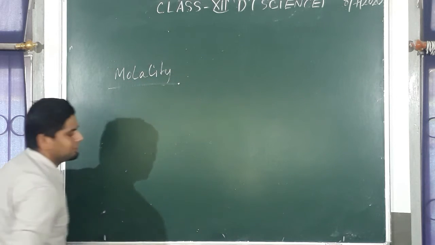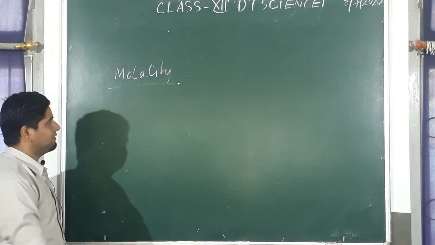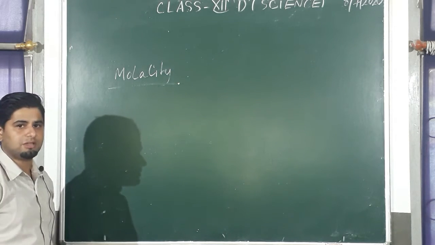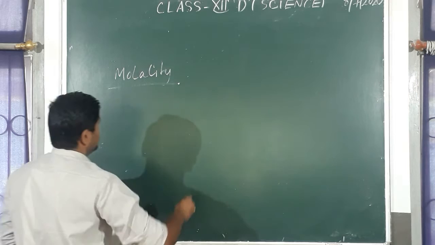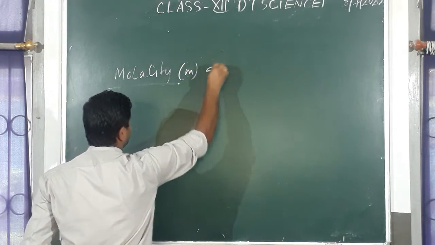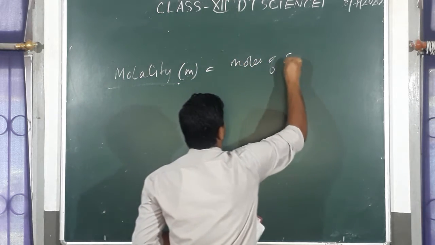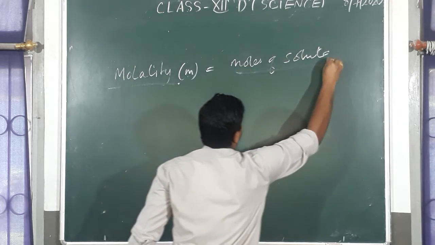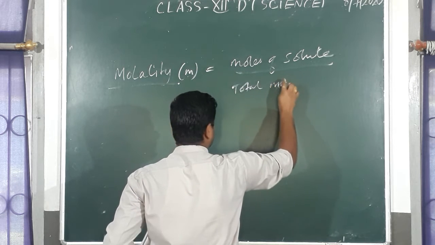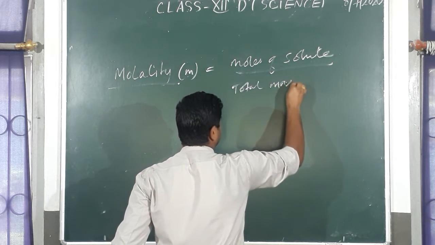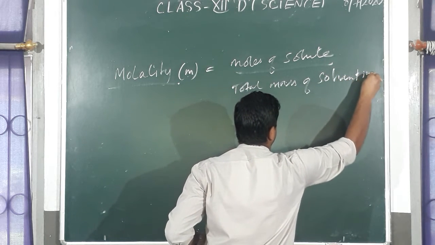Don't get confused between these two. Molarity is one unit and molality is another unit in which we can express concentration. Molality is denoted by small m and the formula is similar: moles of solute divided by total mass of solvent in kilogram.